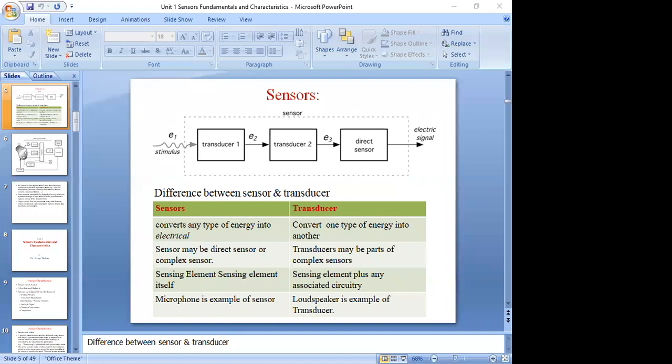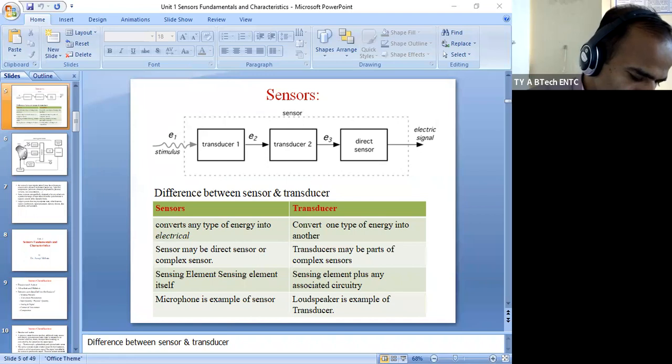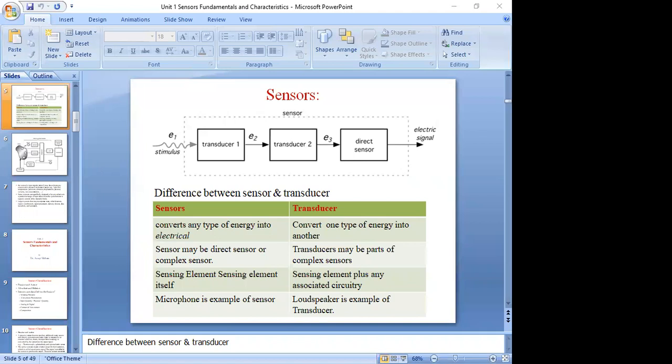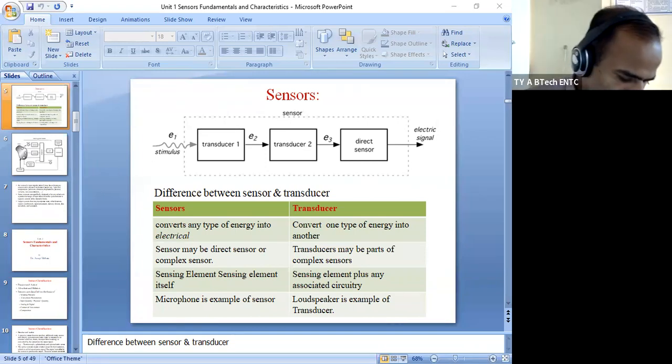10. 8 absent. 10. 10 absent. Gayatri. 11 present. 11. Present, sir. 12. 12 is there or not? Oh, absent. Samruddhi Mali absent. 14.